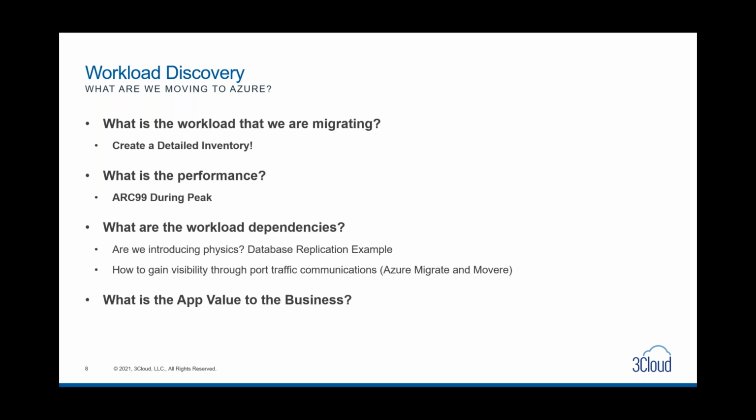And so we need to make sure that we're accounting for that in our planning process and as we get into our discovery. What are the workload dependencies is really important as we look at introducing physics if we're operating in a hybrid state.